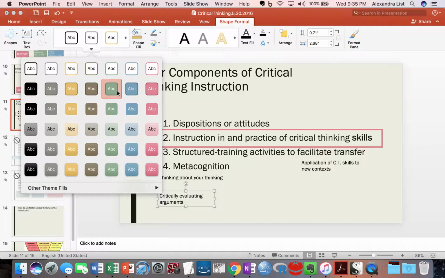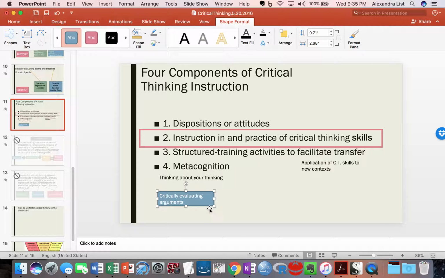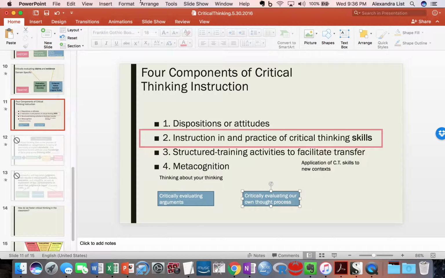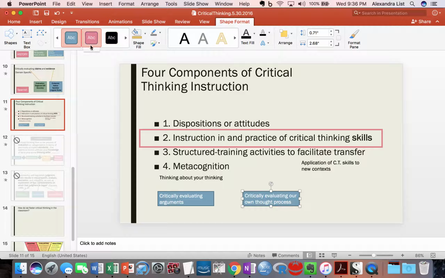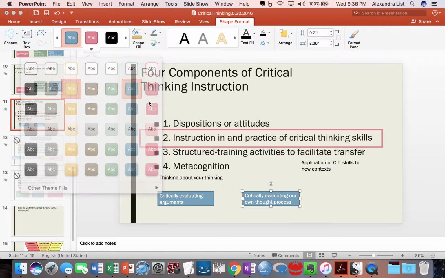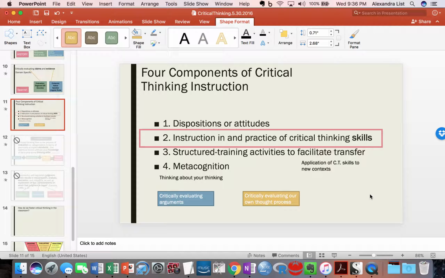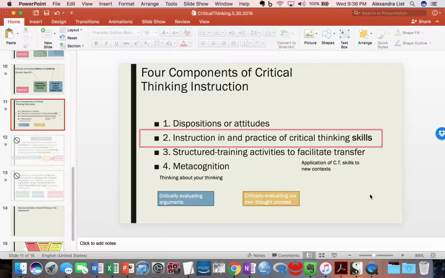But there's a second part to critical thinking that we should be aware of, which is critically evaluating our own thought process. Let me write that out and think about what that means. So if I am going to be effective in critical thinking, going back to our initial definition of critical thinking, I have to not only think about my own arguments, so not only think about my own evidence supporting my claim, but also think about, well, what might someone else say?